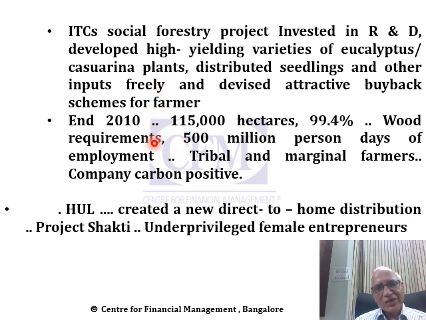It generated considerable employment equal to 500 million person days, particularly for tribal and marginal farmers, and the company turned carbon positive. Hindustan Unilever Limited created a direct home-to-home distribution project called Project Shakti for benefiting underprivileged female entrepreneurs.